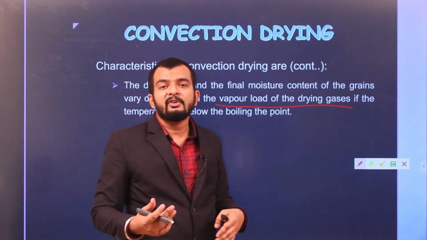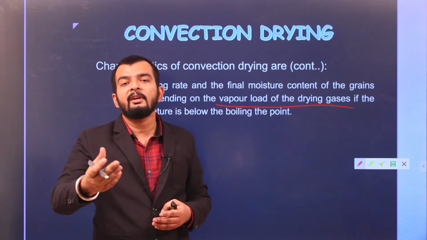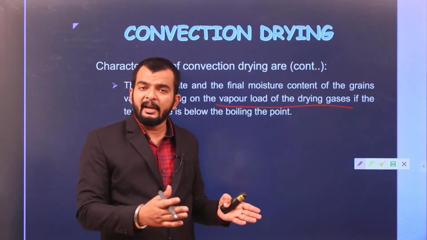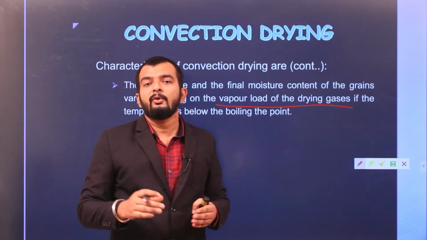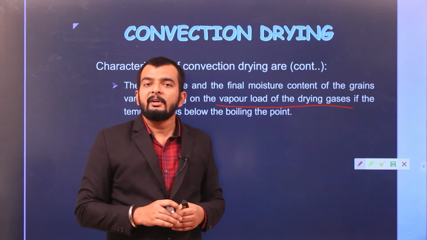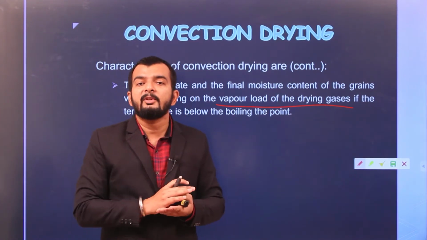Suppose the gas has the capacity to absorb only 1 gram or say 50 grams of moisture, but our grains contain 50% moisture, say in 10 kg. So 50% will amount to 5 kg moisture content, right? But our hot gases used as a drying agent cannot absorb this much moisture.